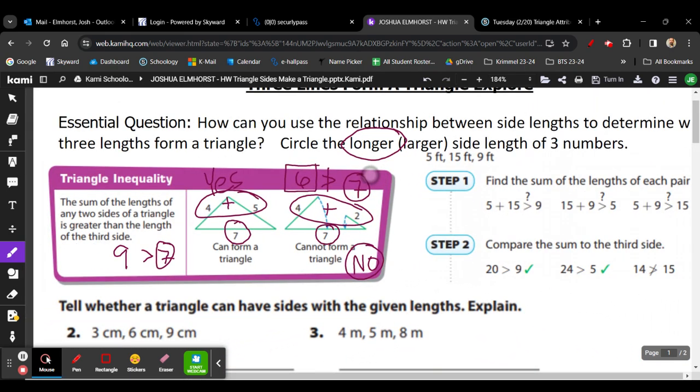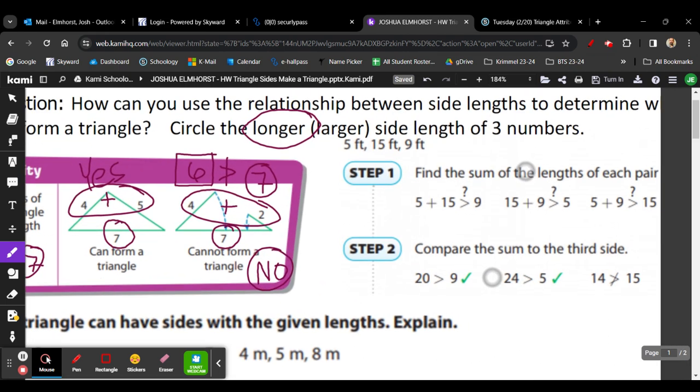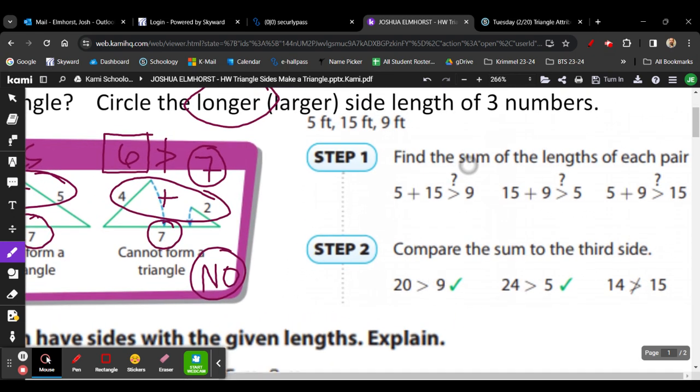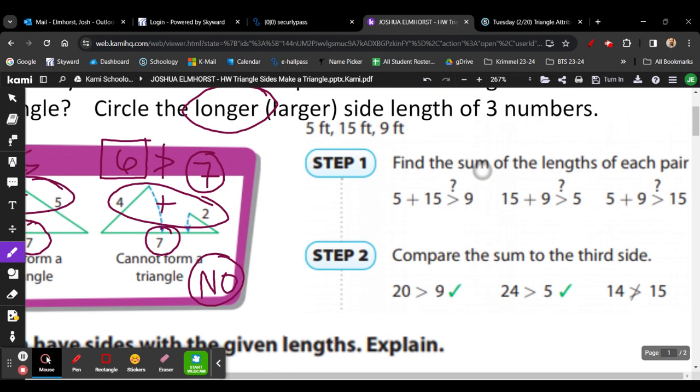So the sum of the lengths of any two sides of a triangle is greater than the length of the third side. So if we take a look at these examples over here, step 1, we're going to circle the longest side length in the comparison. So on the left side, are the two shorter sides being added for the first example?